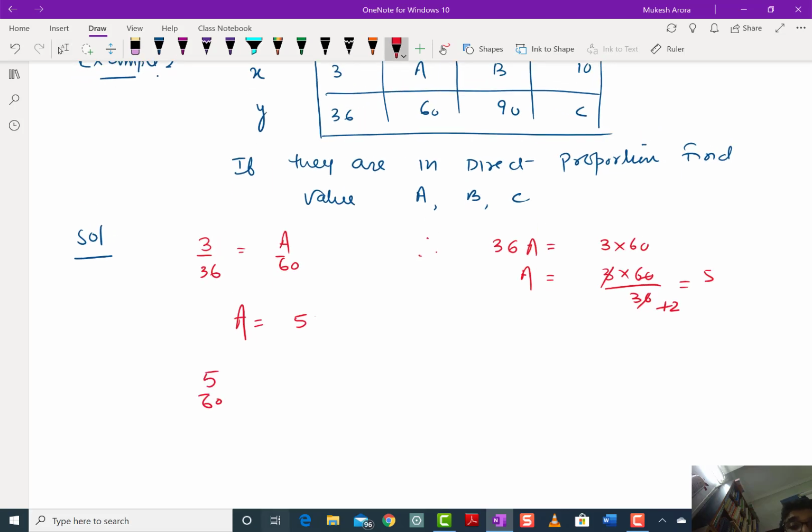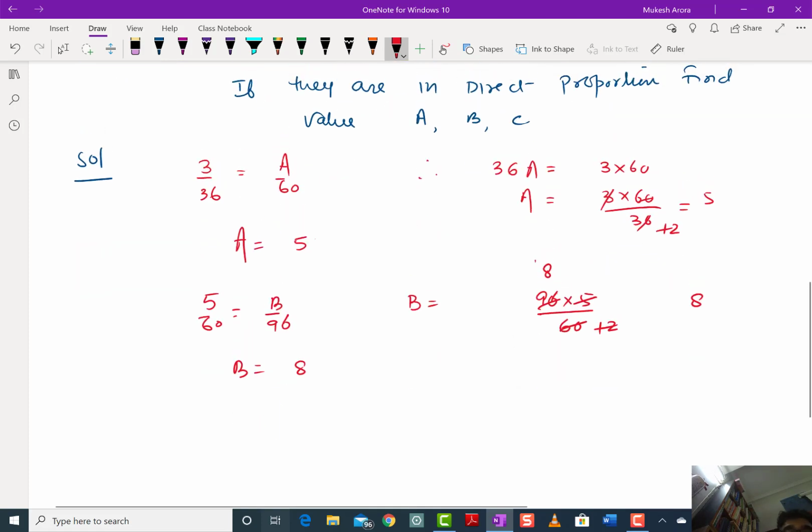So now a is 5. 5 by 60 is equal to b by 96. b will be 96 into 5 by 60. This is 12 and this is 8. So b is equal to 8.